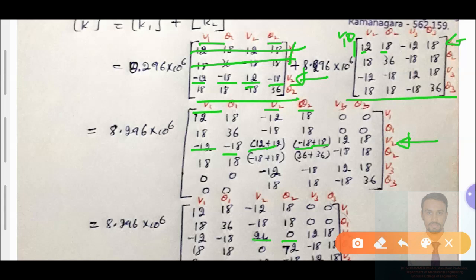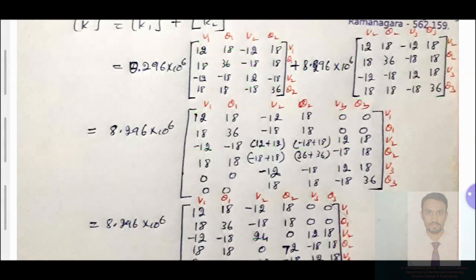Similarly V2 V3 value, V3 we don't have in this matrix, we have V3 here, V2 V3 value minus 12. Similarly next V2 theta 3 value we have 18.